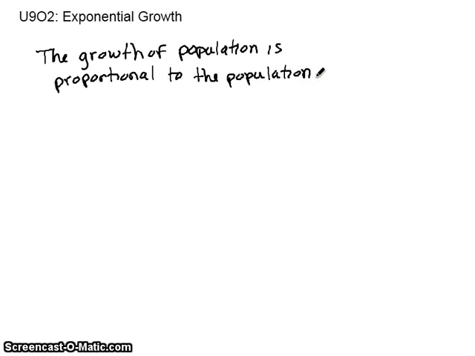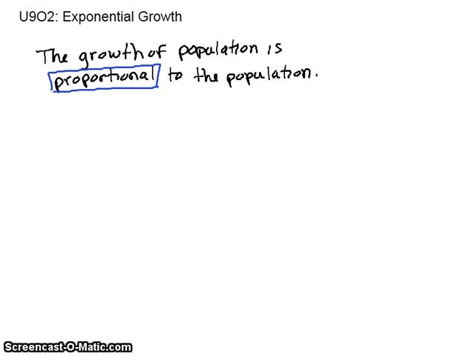And the key word here is going to be that word proportional. So if you go back to Algebra 1 when you're talking about directly proportional, that's what they're talking about here. The growth of population is proportional to the population.